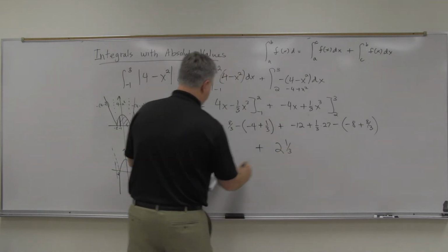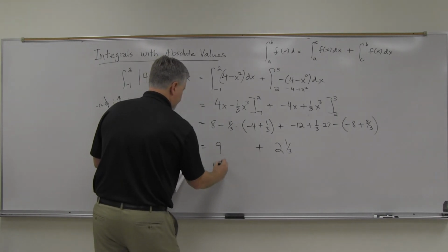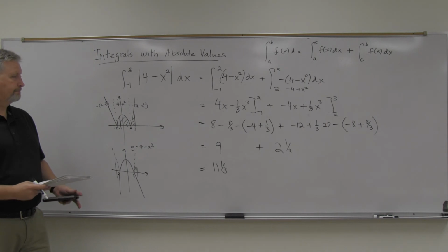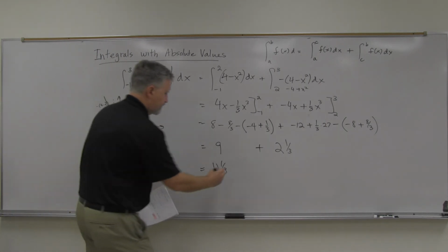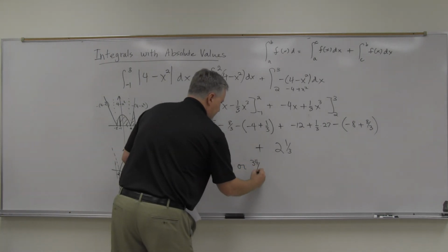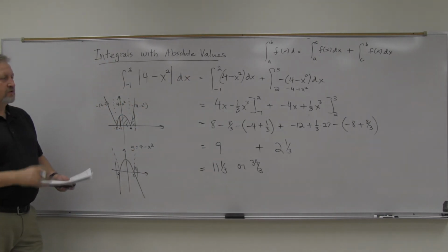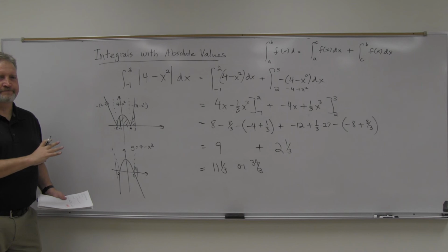So we got 11 and 1/3. All right? Or is that 34/3? Probably how they write it in the back. Questions and concerns on that? Look okay?